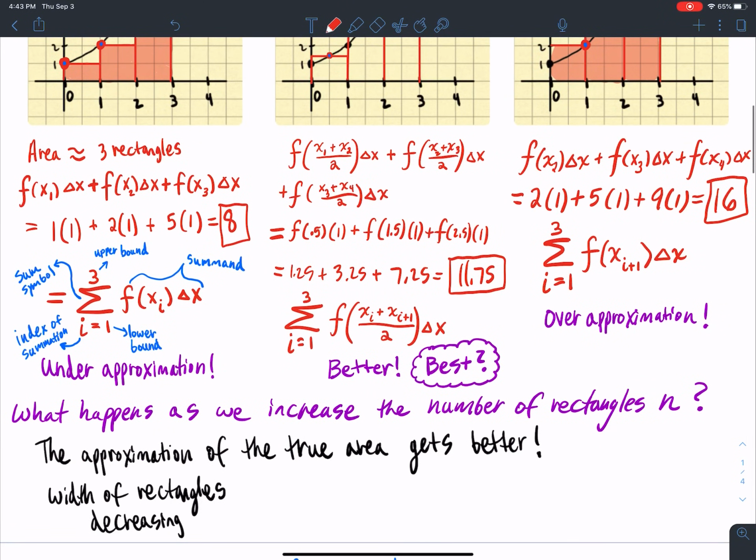So the widths are decreasing. And how do you calculate the delta x, the width of each subinterval? You take b minus a divided by n. Well, guess what? As n increases, I have 3 over n, that tells me how wide delta x will be, for this interval from 0 to 3.